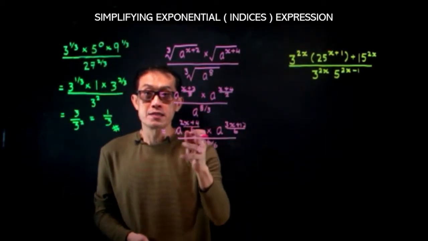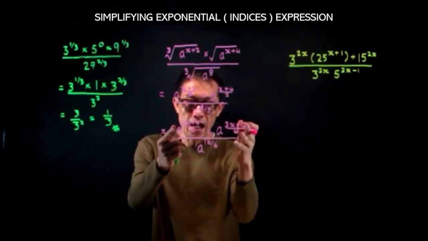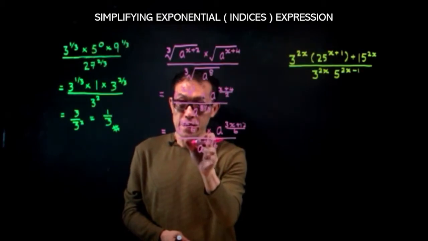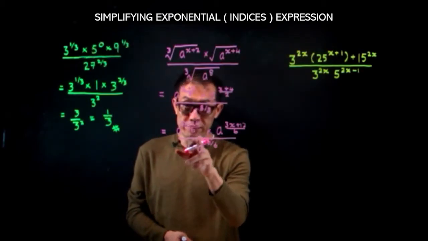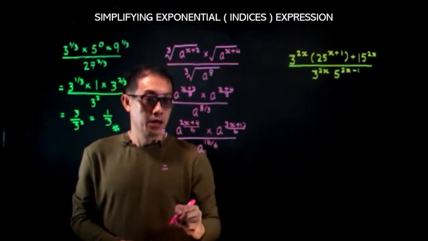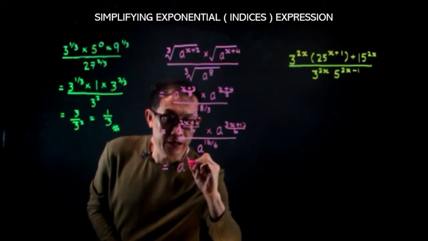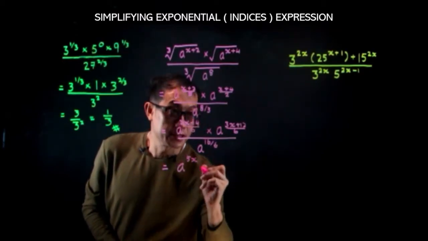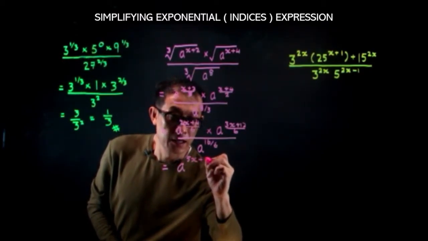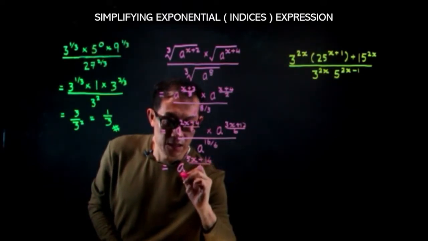Now since the bases are the same, we can add the index if it's a multiplication and subtract if it's a division. So the numerator you will have a to the power of 5x plus 16 over 6.